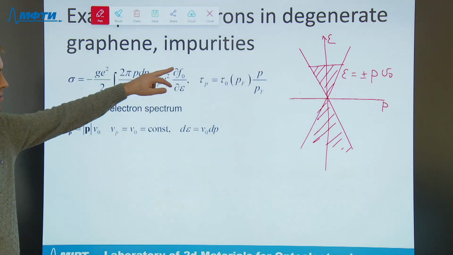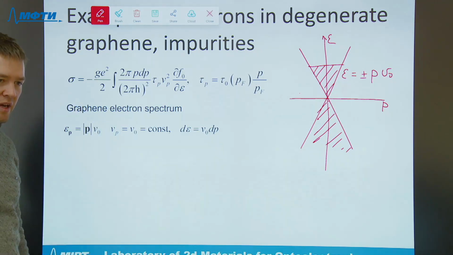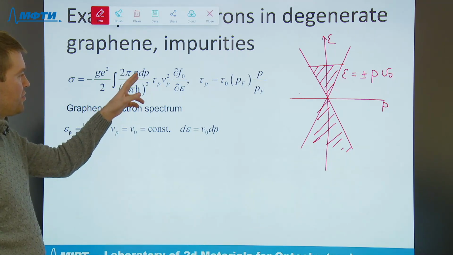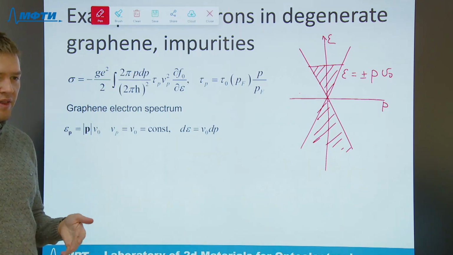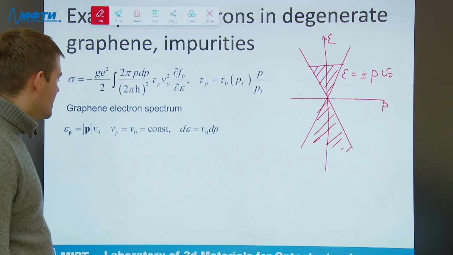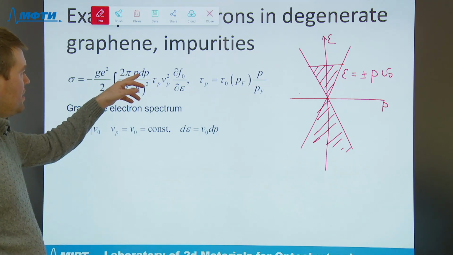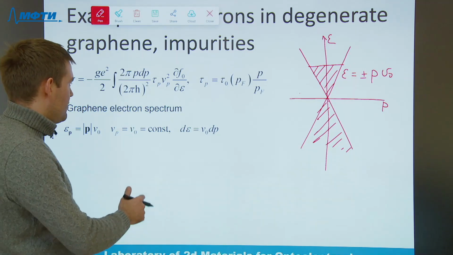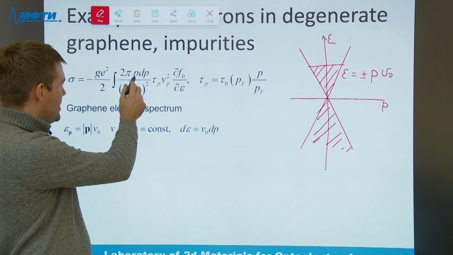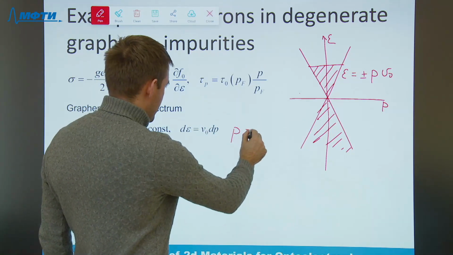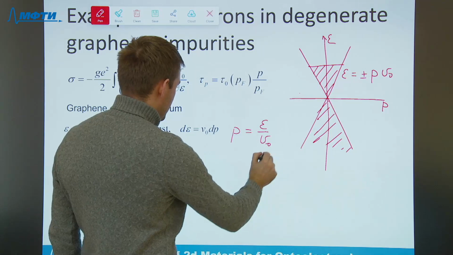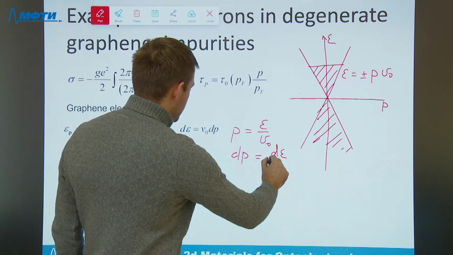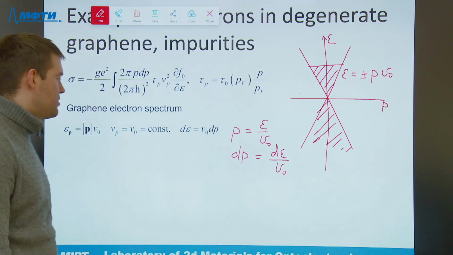We should handle the derivative of the distribution function with respect to energy in a different fashion, and we should make a different transfer from momentum to energy, because the energy-momentum relation is linear. But the transfer from momentum to energy is quite trivial: we just replace momentum by energy divided by the characteristic velocity, and delta momentum is delta energy divided by this characteristic velocity.